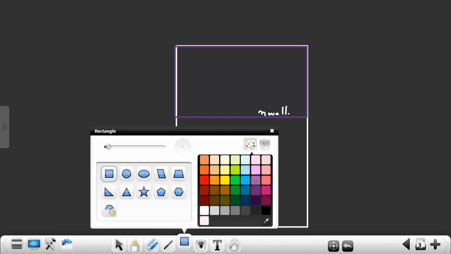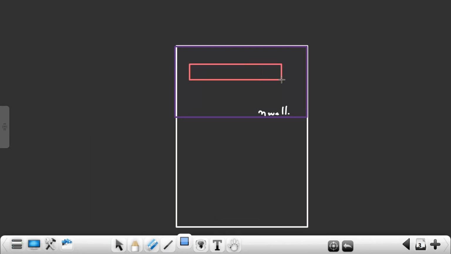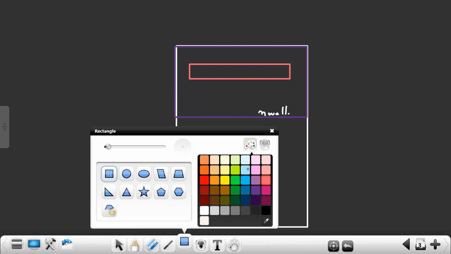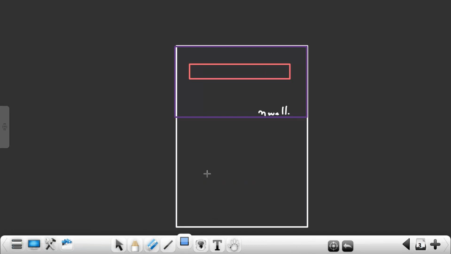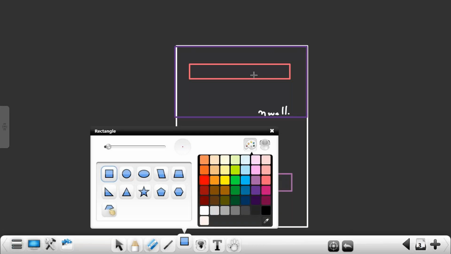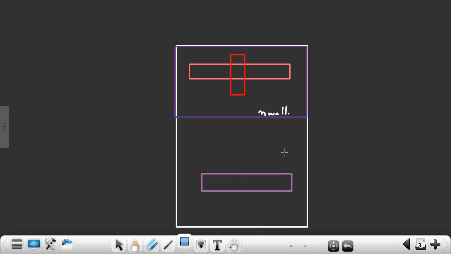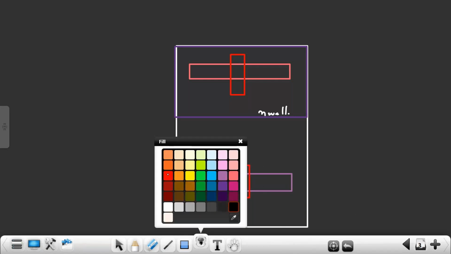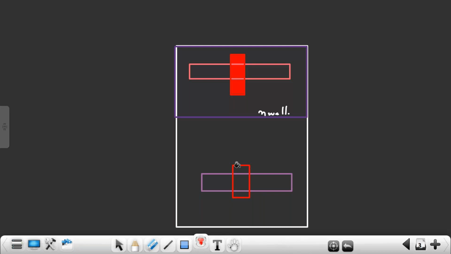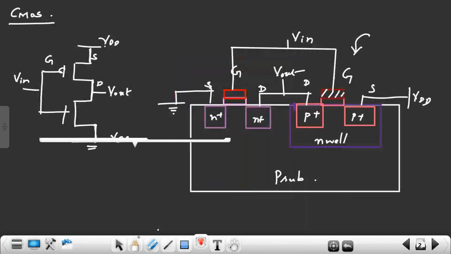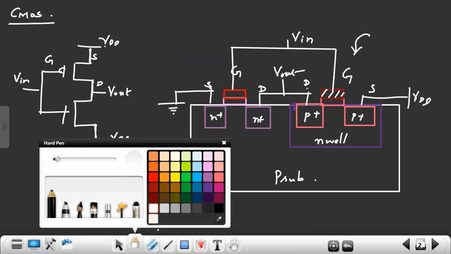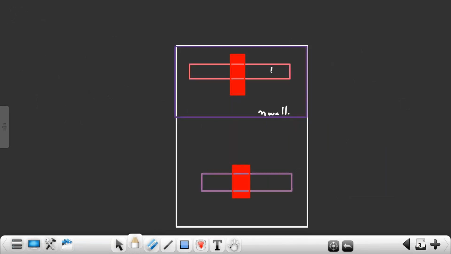We have diffusion, P plus region, and N plus region. If polysilicon crosses the P plus region, this forms a transistor. This is the drain of your PMOS, a P plus region.